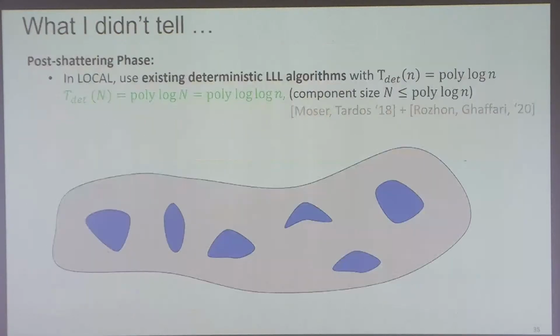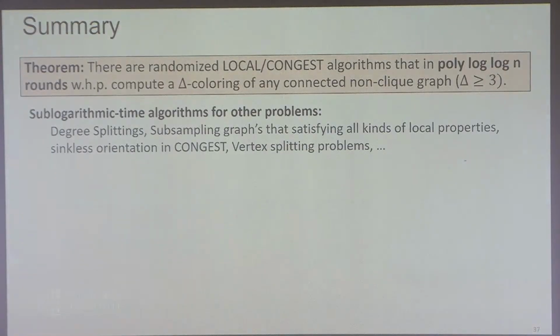So there's a lot that I didn't tell you and won't tell you now. So let me just summarize that in the end. What we get here, if you also take care of the dense part, is a polylog-log n round algorithm for delta coloring. We solve also with this approach quite a few other problems.